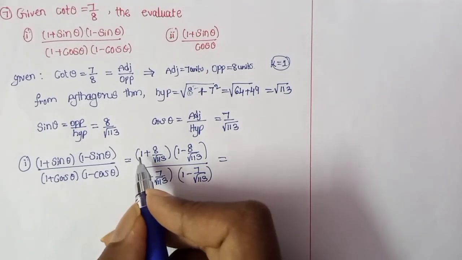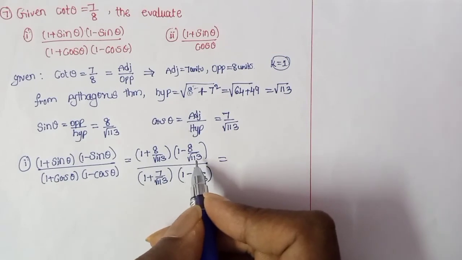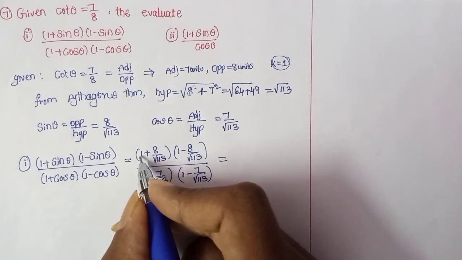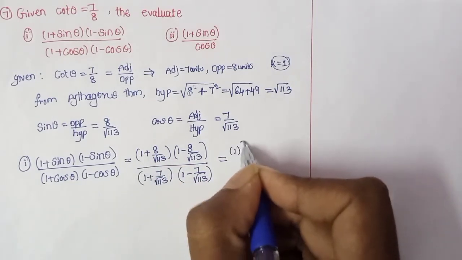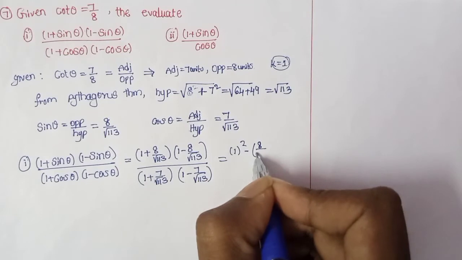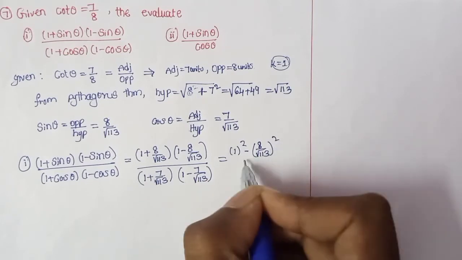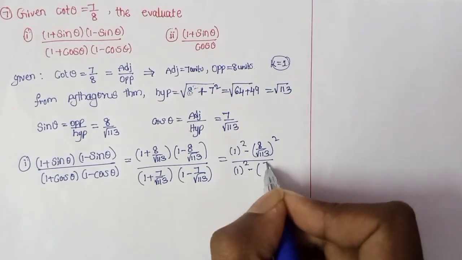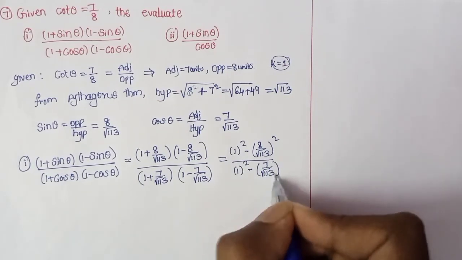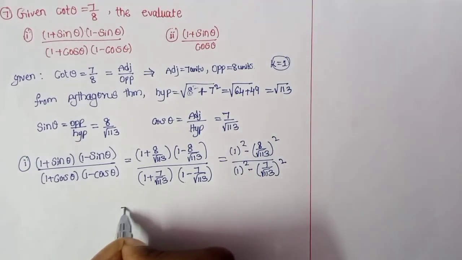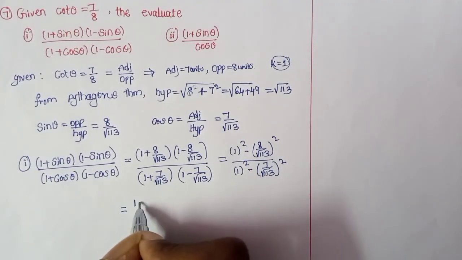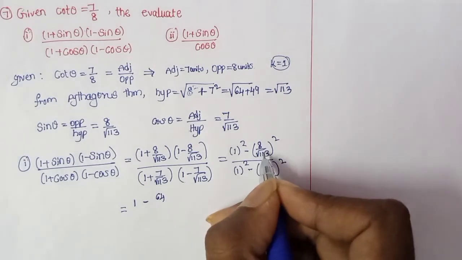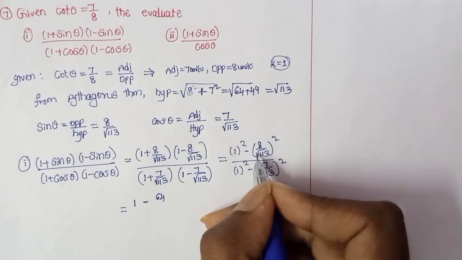So it is looking like a plus b into a minus b. What is the formula of a plus b into a minus b? A square minus b square. So here 1 square minus 8 by under root 113 square divided by 1 square minus 7 by under root 113 square, which is equal to 1 minus 64 divided by under root 113 whole square. So root and square get cancelled.